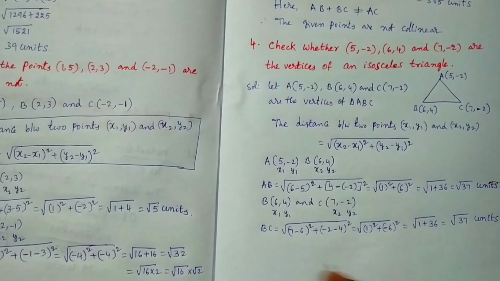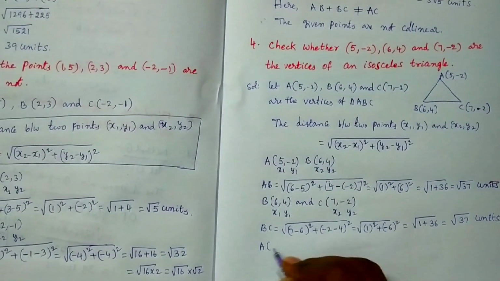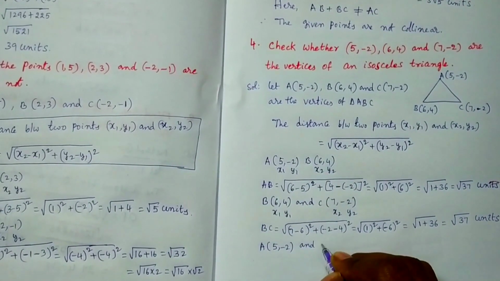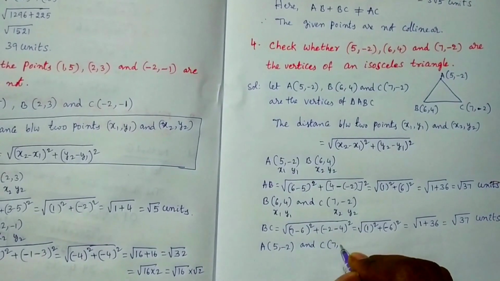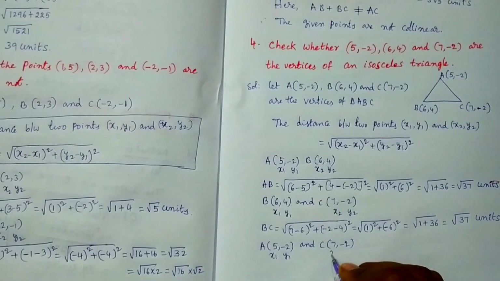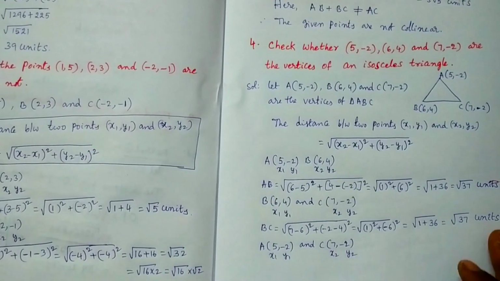Next, take AC, A point 5 comma minus 2 and C 7 comma minus 2. Take as x1, y1, x2, y2.